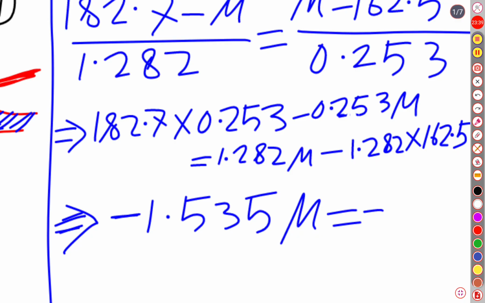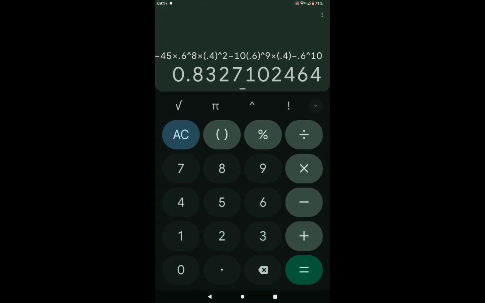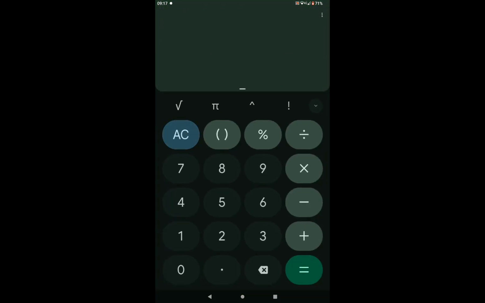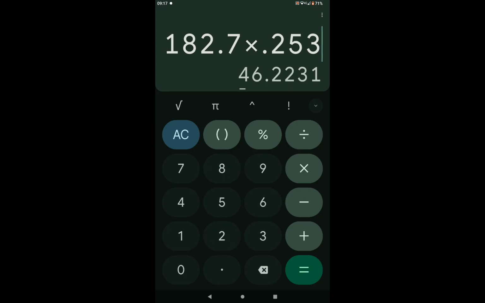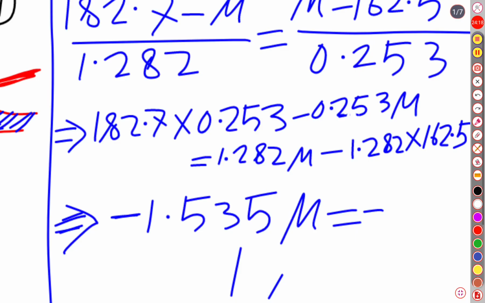Let us do the multiplication: 182.7 into 0.253 is 46.2231.